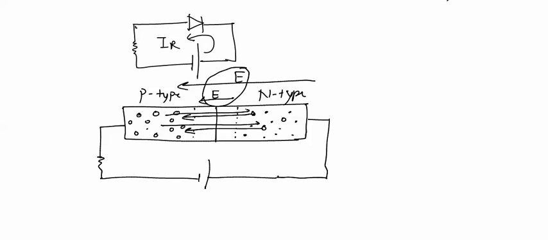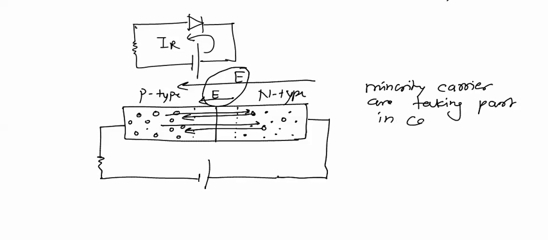As we can see, the charge carriers crossing the junction have a very low concentration, that is, minority charge carriers are taking part in conduction.